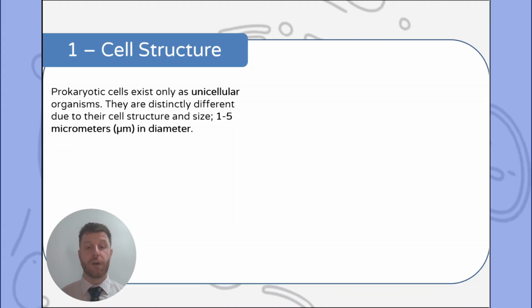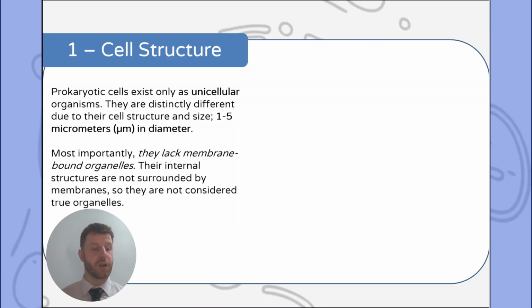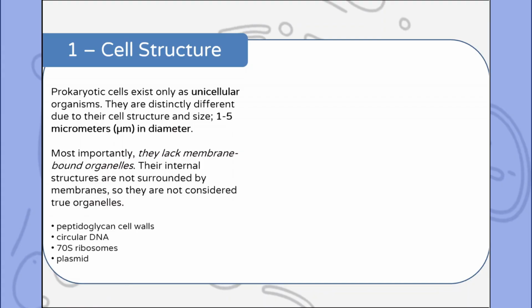You need to make sure you remember that, as you could be asked in an exam question, so you can make a note. Just when we're talking about all of these cell structures, I'm going to disappear quickly so you can see the list. We are not going to call these 4 structures organelles because they don't contain membranes: cell wall, circular DNA, ribosomes at a 70S size, and a plasmid.